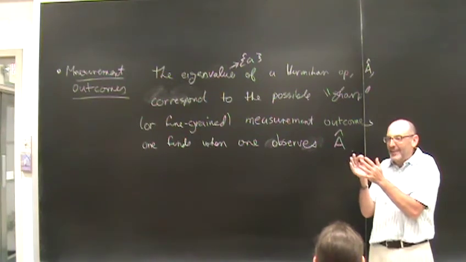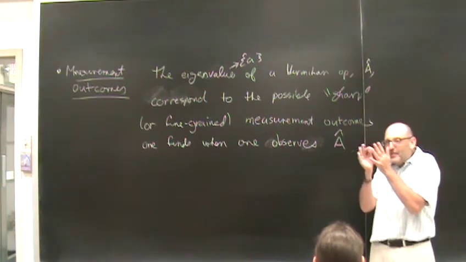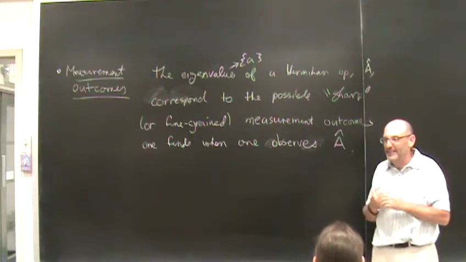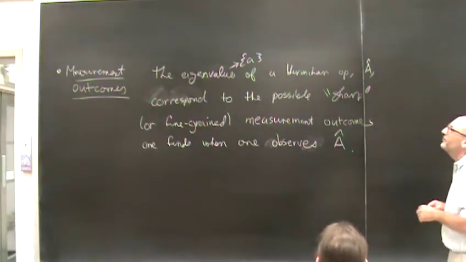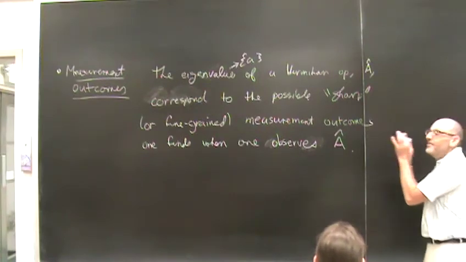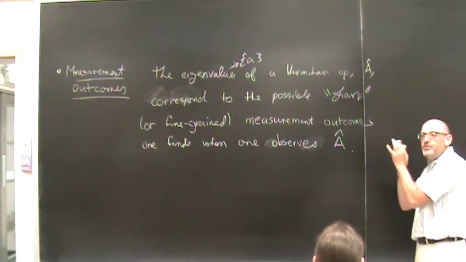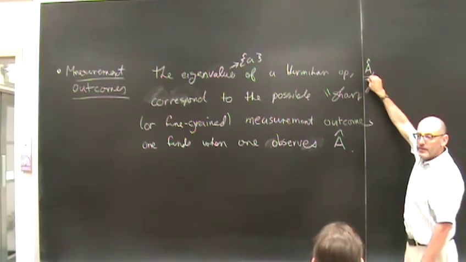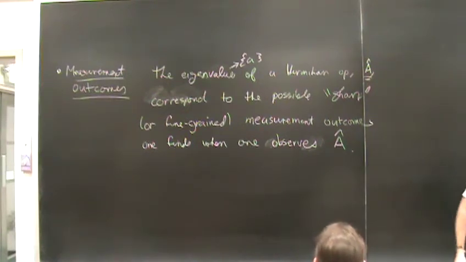It's not necessarily going to give particular values because devices are often imperfect in some way. But if it can give the sharpest possible values, the most fine-grained values it can find are the eigenvalues of that observable.